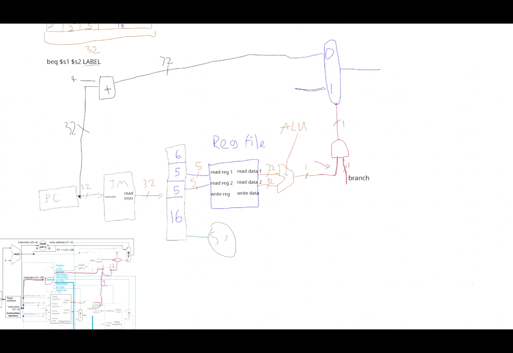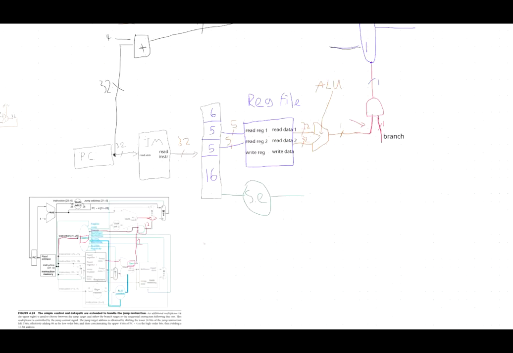Why do we sign extend? We know that addresses, instructions, everything is 32. This is 16, we want it to be 32, so we're going to extend it. This should be 16, but after the sign extend, we're going to make it 32 so we can work with it.